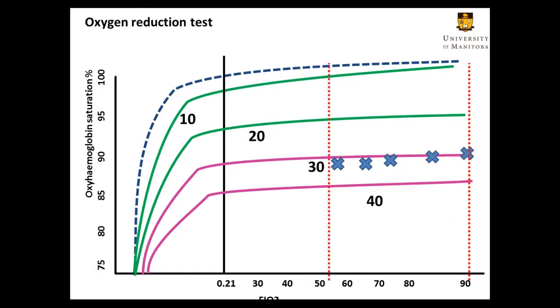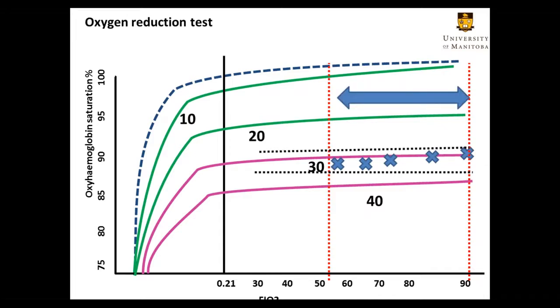So you can reduce the oxygen significantly, like from 90 to 50% inhaled oxygen, with very small change in the oxygen saturation. And the same if you do the opposite. If you keep increasing the oxygen, then the saturation will not improve higher than that. So you have big change in the inhaled oxygen fraction with a very small change in the oxygen saturation.